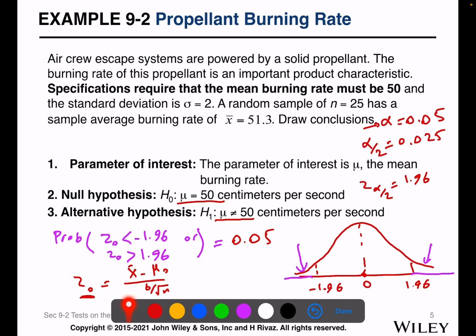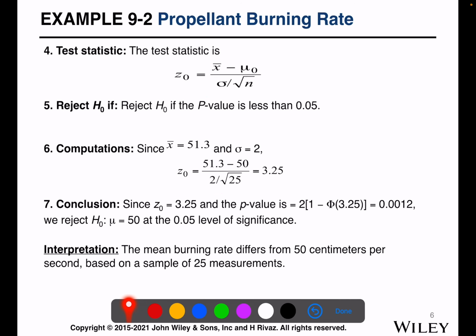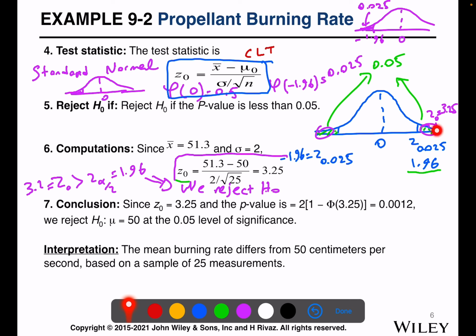So if I go back here to the next slide, I'm in this zone, so I am at 3.25, much more than 1.96. And remember that this area and this area are the rejection zone, right? So I say that I reject the null hypothesis. I'm done, right?